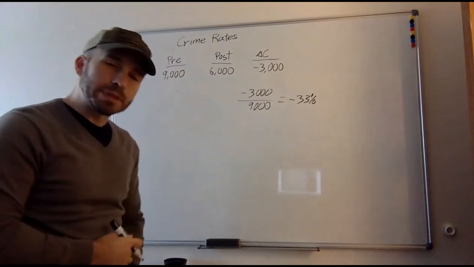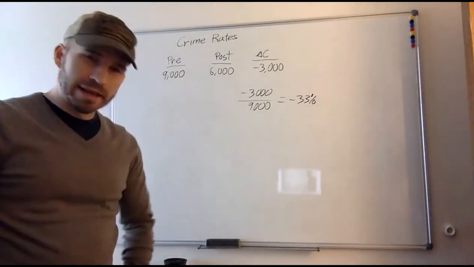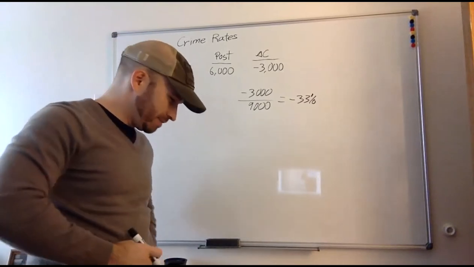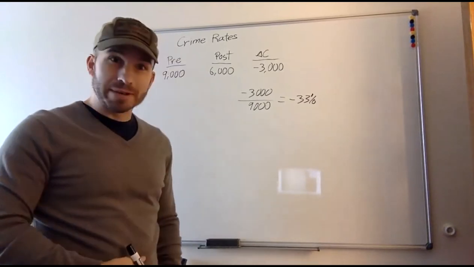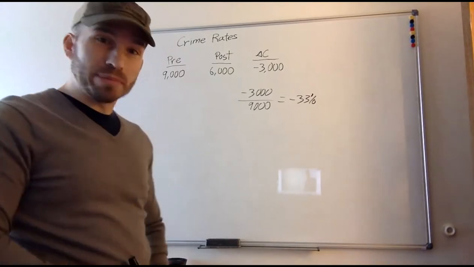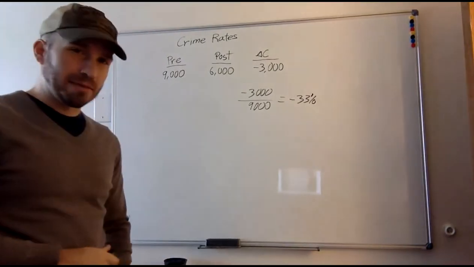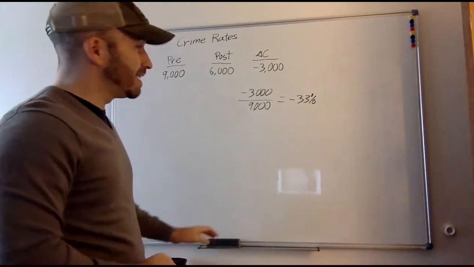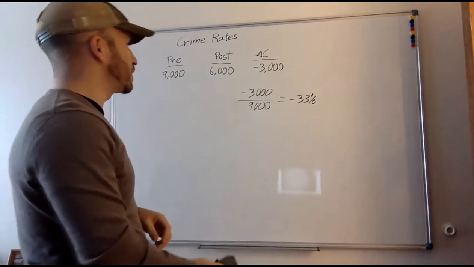Bam! Broken windows policing is amazing at decreasing crime. Am I right or what? Or are you skeptical of this claim? And your answer, hopefully, yes. You are very skeptical, right?